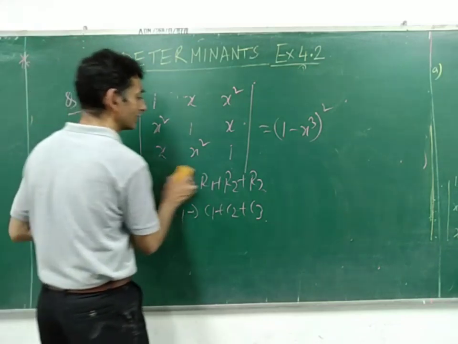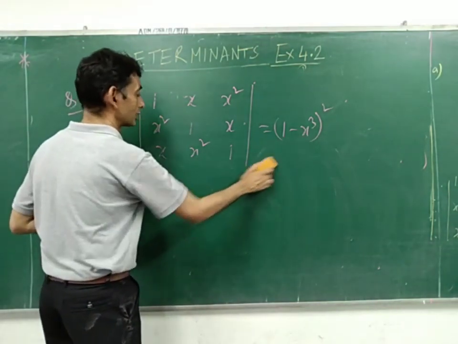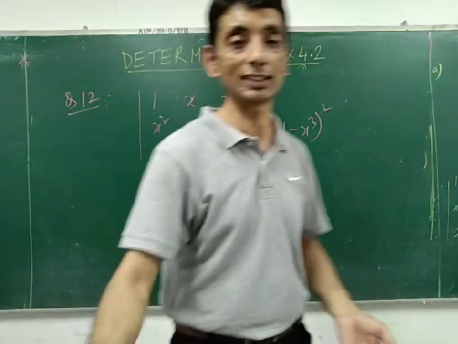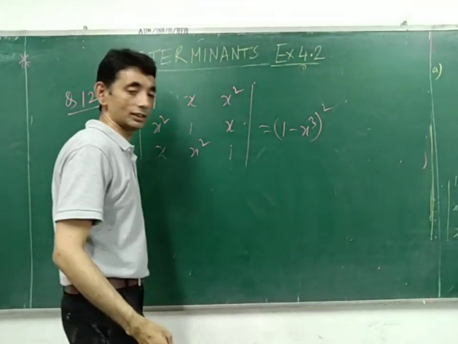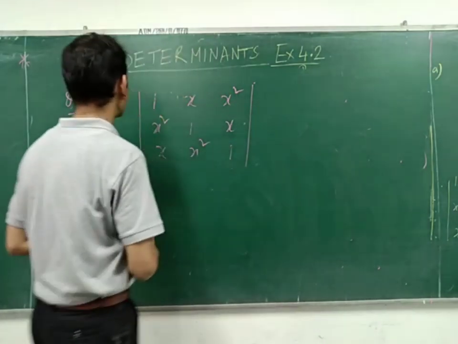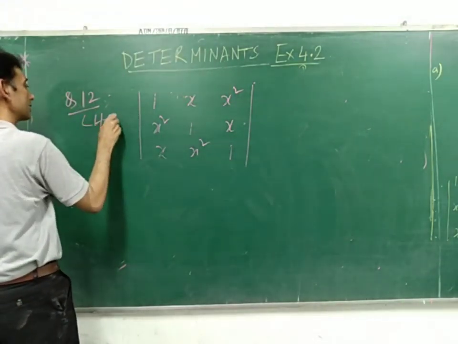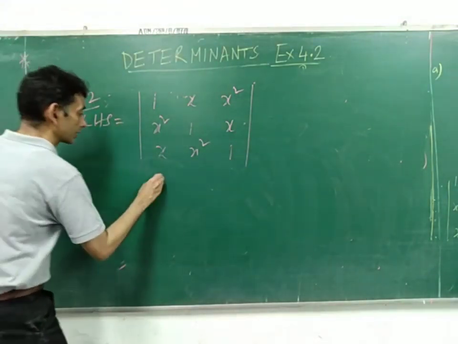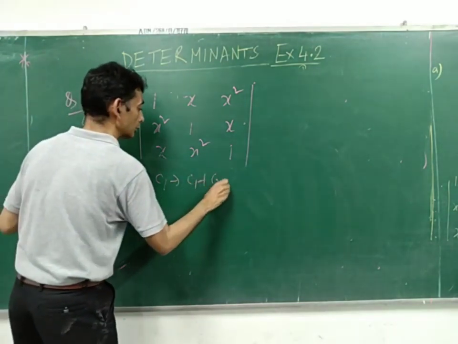And remember one thing in determinants: throughout the steps, it's not necessary that you only use row operations. You can shift from row to column, column to row. So here we are going to start this question, the left hand side is this. We'll be using C1 plus C2 plus C3.